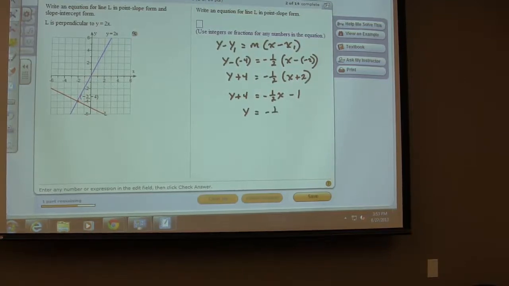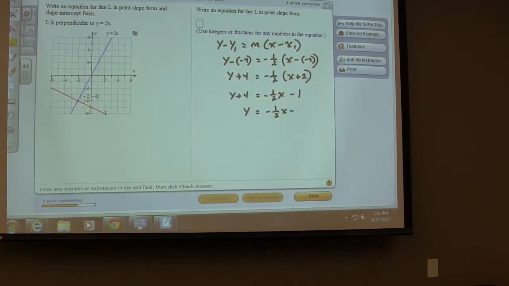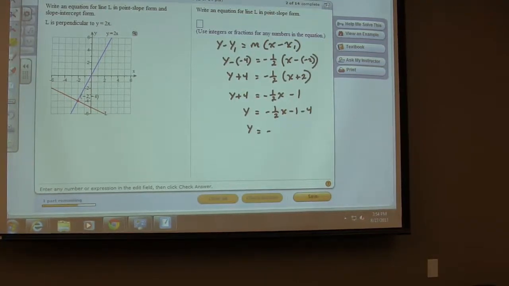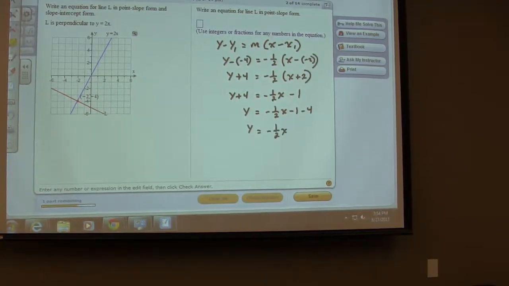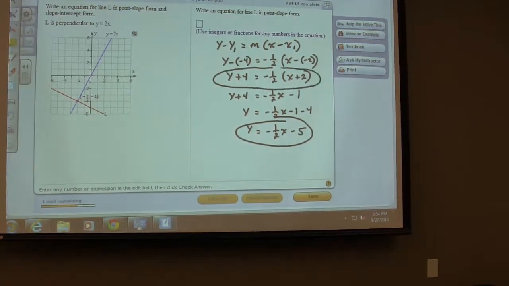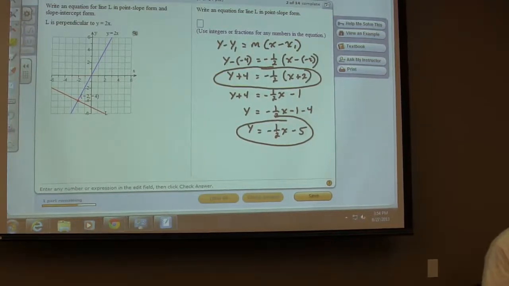We have -1/2 x minus 1 minus 4, which is -1/2 x minus 5. So that becomes then your slope-intercept form, and up here is your point-slope form.